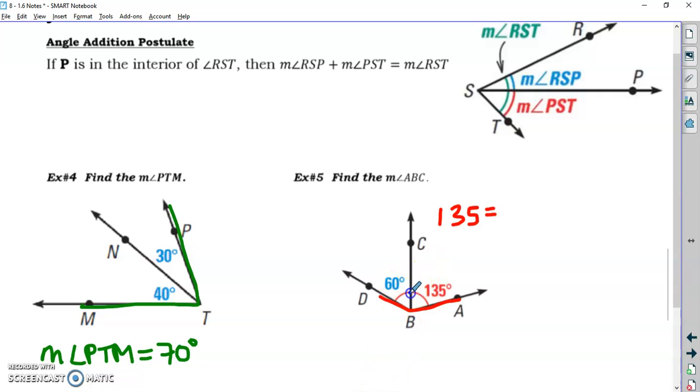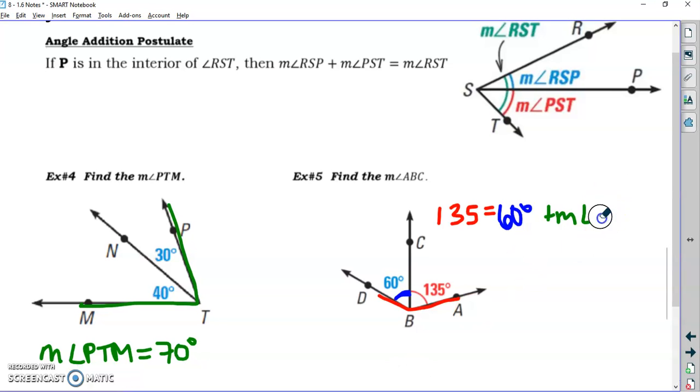Well, one part is angle DBC, which is 60 degrees, plus the other part, which is the measure of angle ABC, which is what we're trying to find.